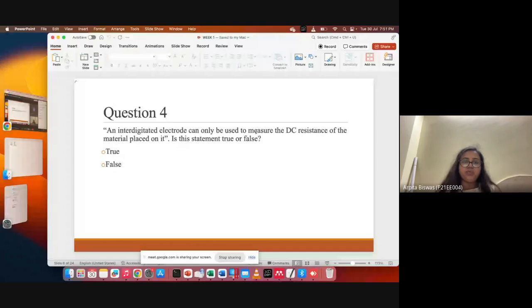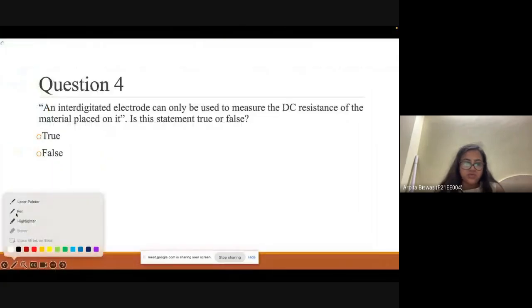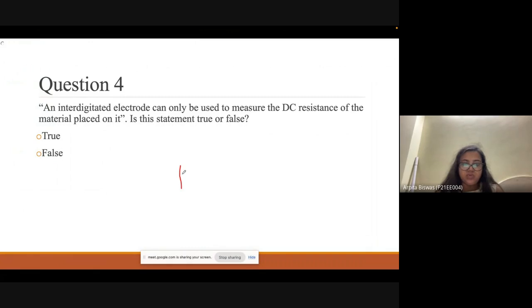Do you know what an interdigitated electrode is? There is a finger-type electrode structure, like this one I'm showing you. This is the interdigitated electrode.